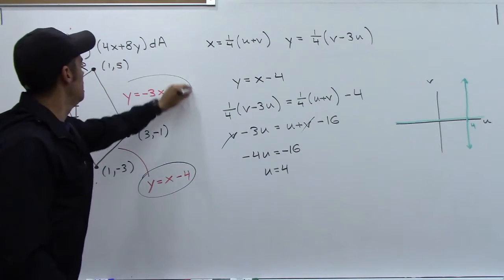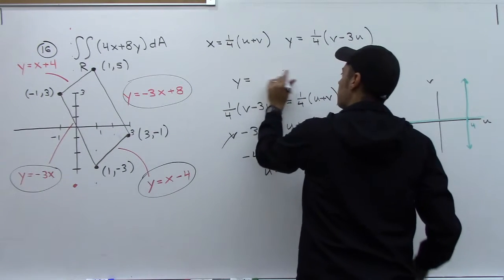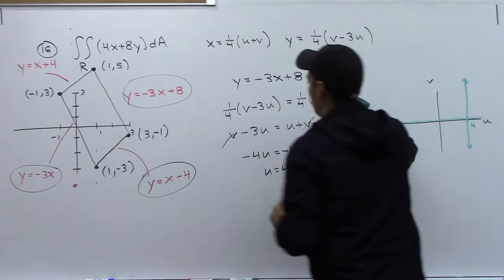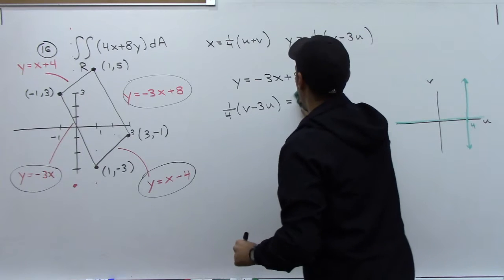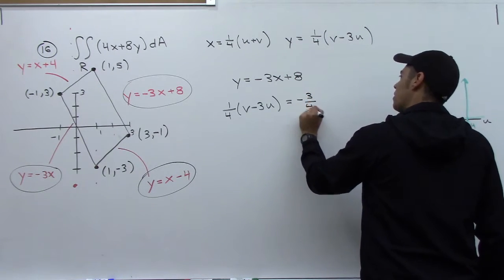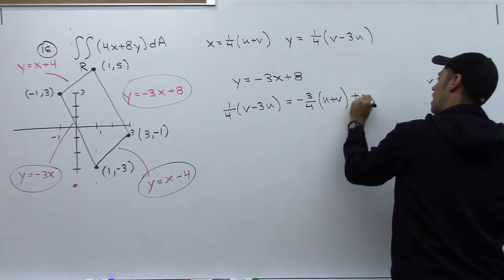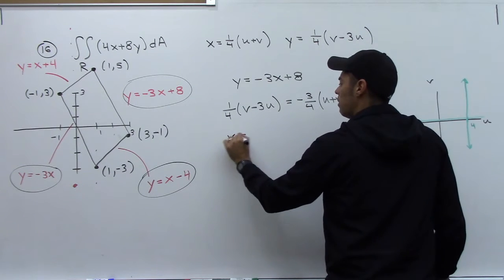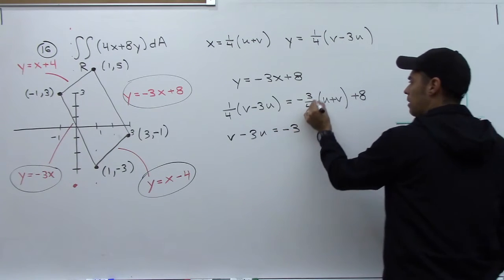Now let me do this one. I rewrite this. Y equals negative 3x plus 8. So y, which is this, equals negative 3x. So negative 3/4, that's that, u plus v, then plus 8. So if I multiply everything by 4, I get v minus 3u equals negative 3, right? Because the 4 will cancel.